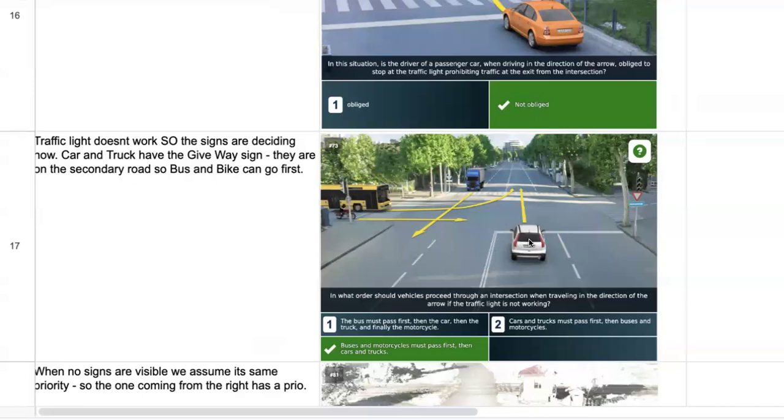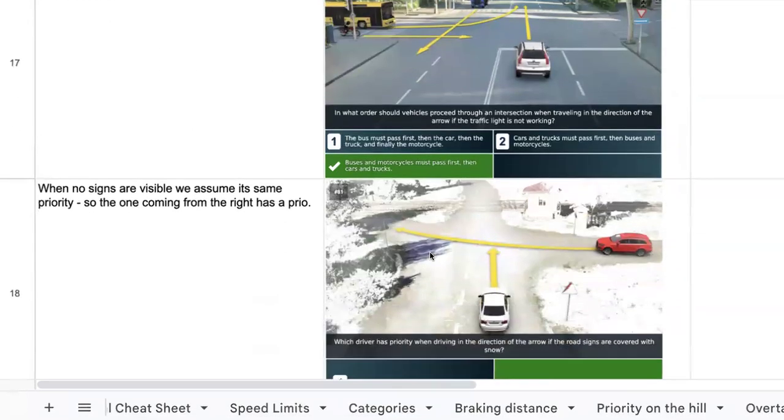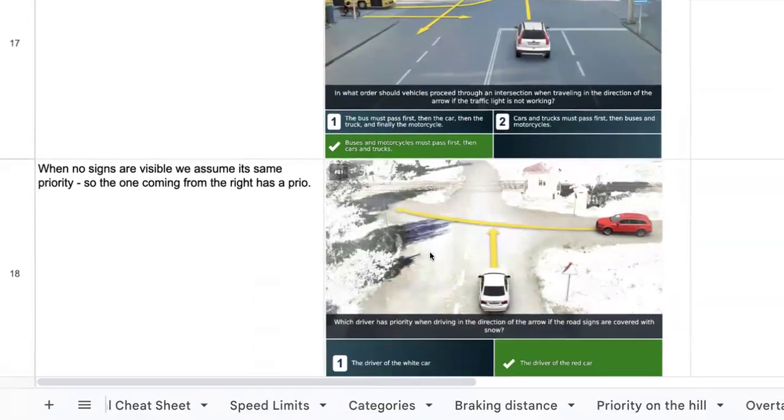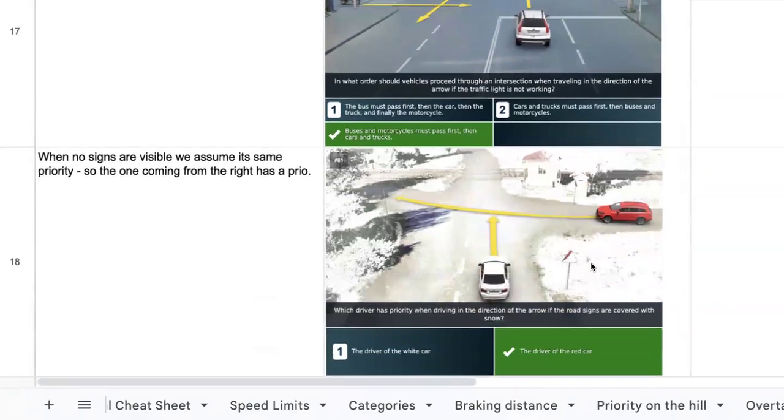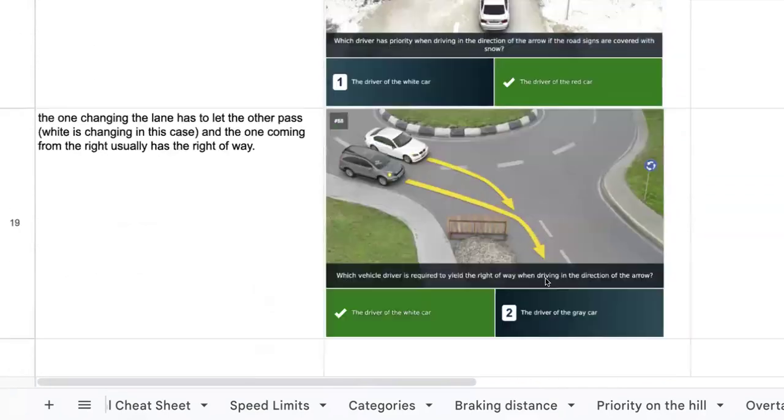On the right is the white car, so it moves first, then the bike and the bus, and the last one would be the truck because it's on the most left compared to all the participants. When no signs are visible, you just assume it's an equal road, because if you think you're on the main street, but the other guy thinks so too, then a collision will happen. So traffic coming from the right will always have priority if no signs are visible.